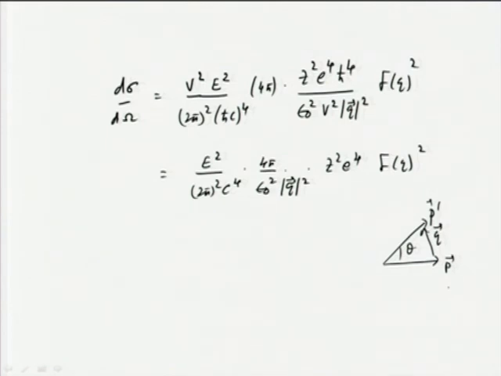I will leave that part to you to work out, but essentially we will get the Rutherford scattering cross section expression if we put F(q) equal to 1.